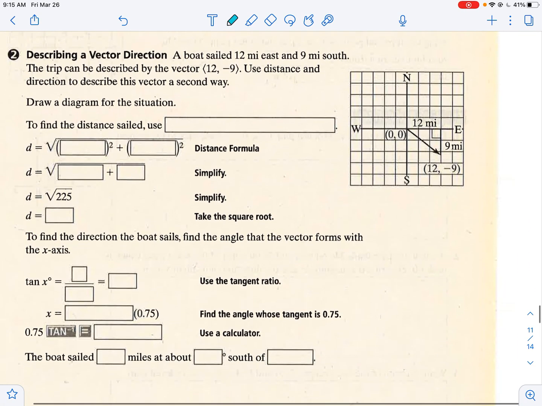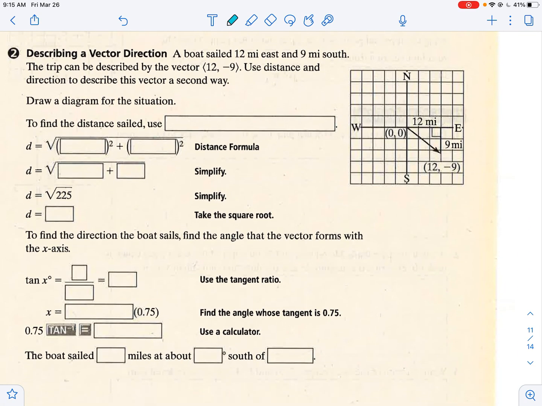Scroll down to example 2. Describe vector direction. A boat sailed 12 miles east, which is what's shown here, and 9 miles south. The trip can be described by the vector ⟨12, -9⟩. Use distance and direction to describe the vector a second way. So we need to find the distance from the starting point to the terminal point.